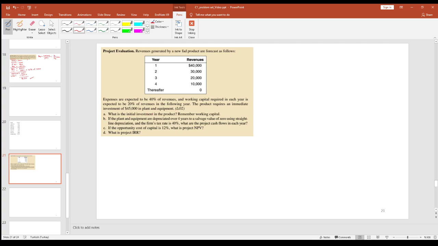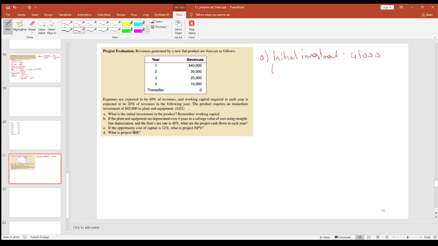A. What is the initial investment in the product? Remember working capital. Ladies and gentlemen, initial investment here is 45,000.